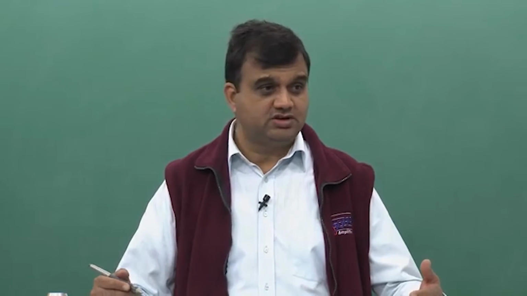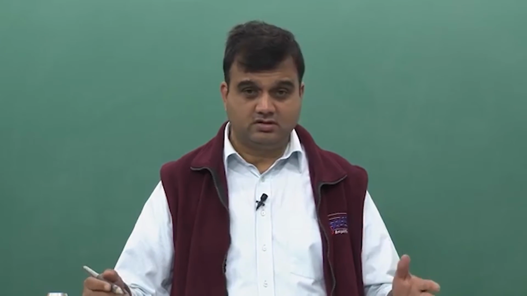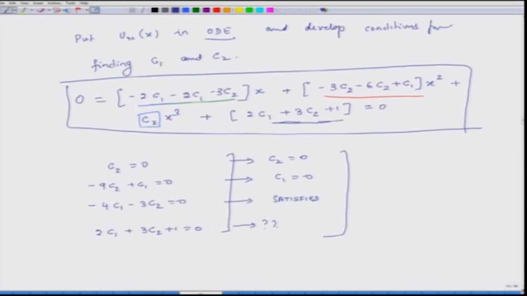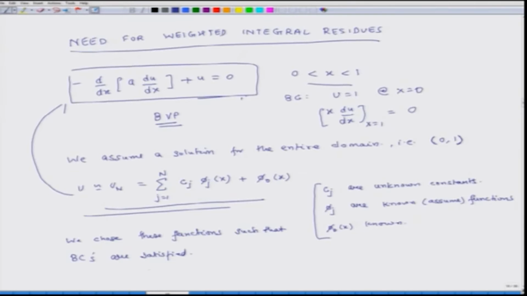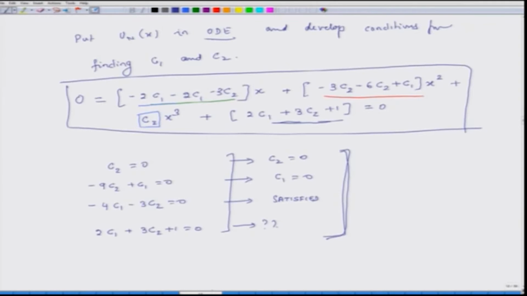It satisfies the boundary condition, but it does not satisfy the ordinary differential equation, right? So, that is the problem we run into if we try to solve some of these equations. This is a relatively simple equation, but we are having a little hard time solving this equation in an exact way.